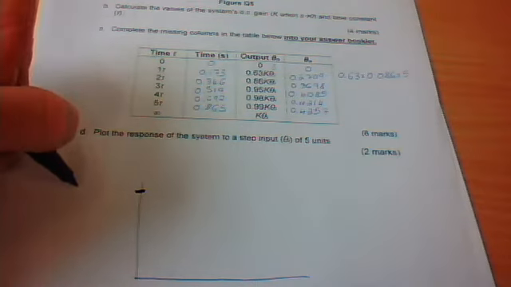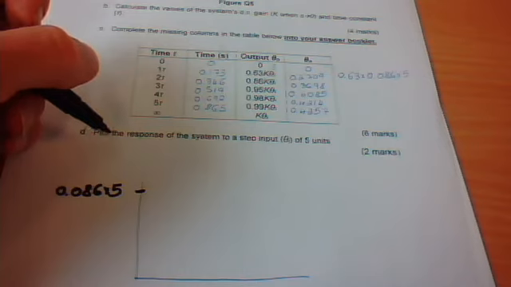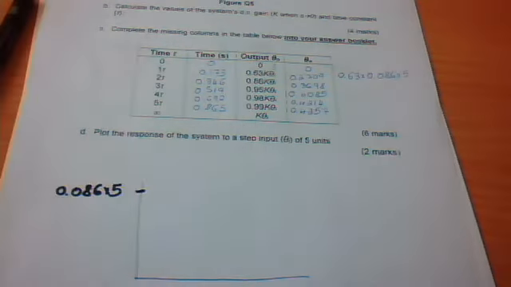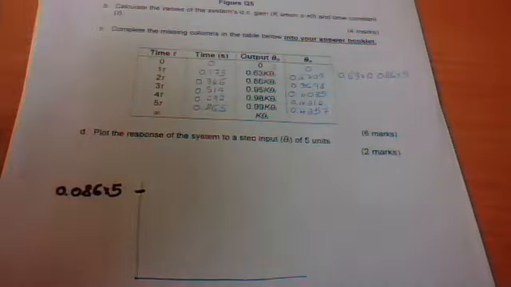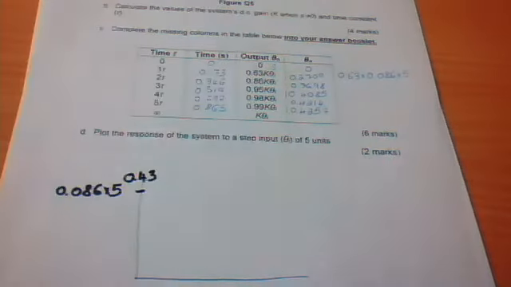So that would be 0.086 times 5. Let me just calculate that one. So the final value would be 0.086 times 5 is 0.43. So I could actually say 0.43 at that final one there.